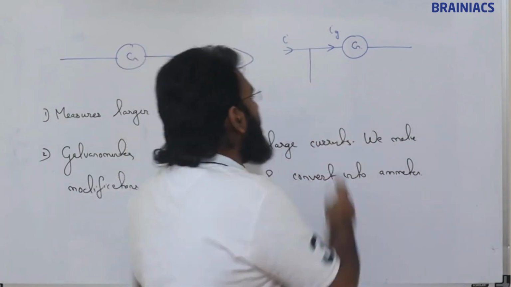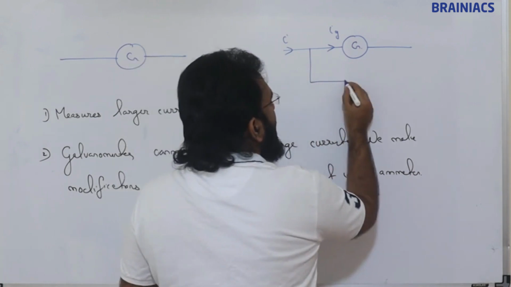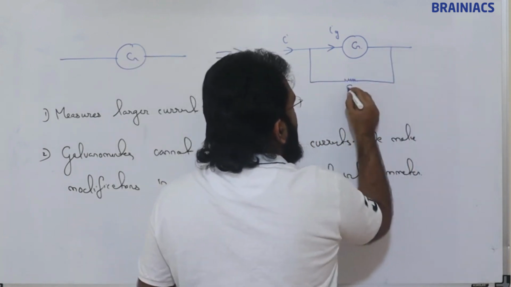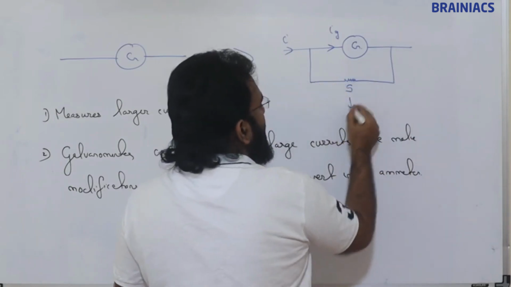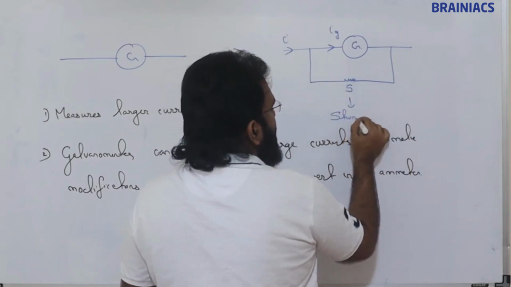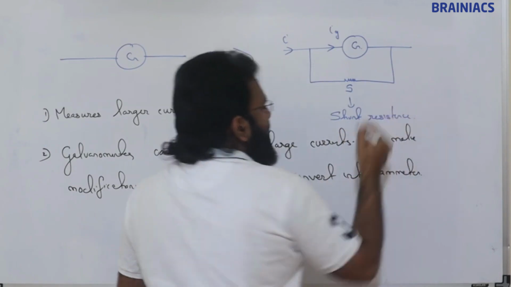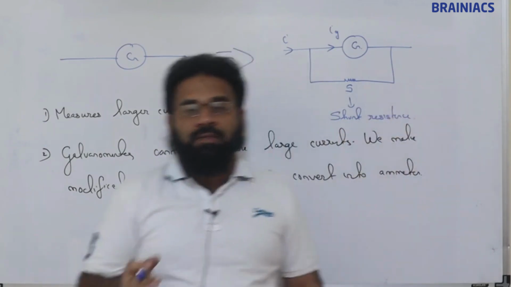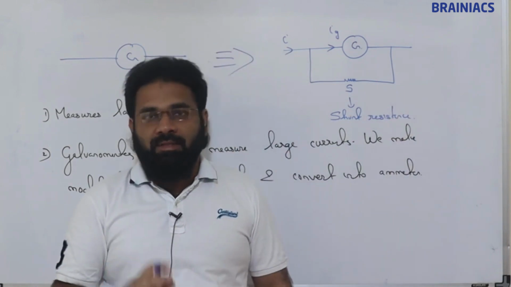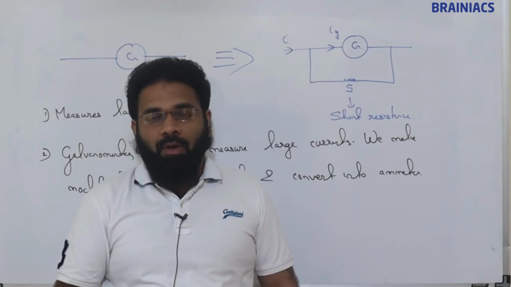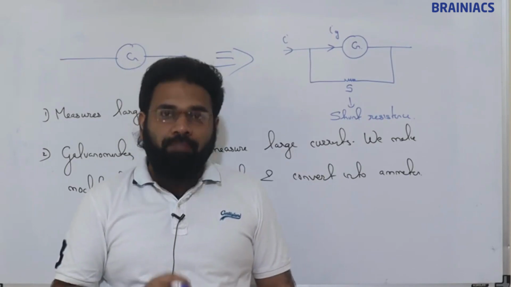So what we do is, in parallel we connect a small resistance called shunt resistance. Shunt resistance or shunting is nothing but connecting a resistance in parallel. Why are we connecting in parallel?